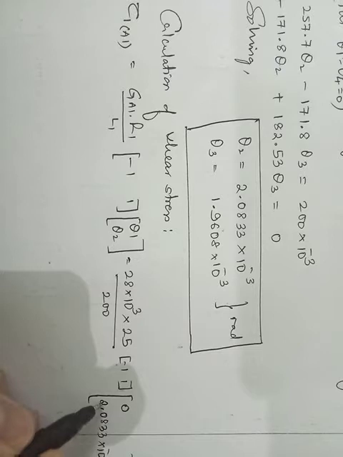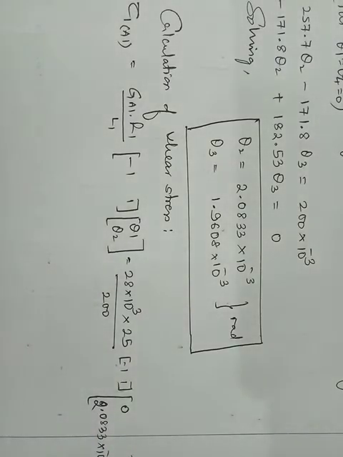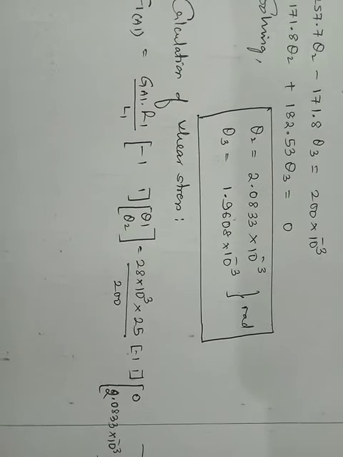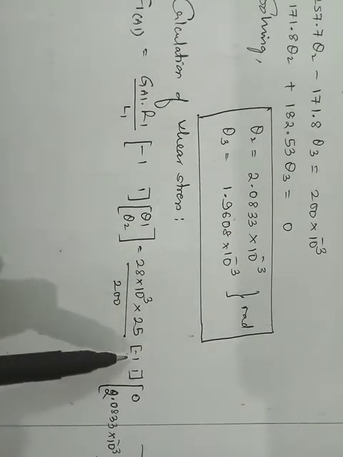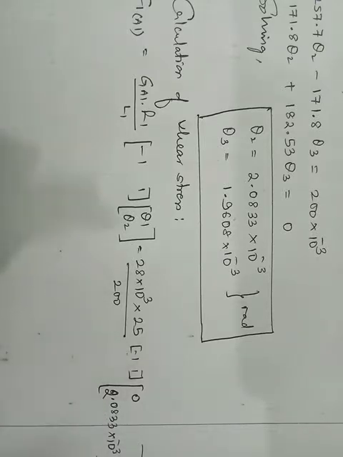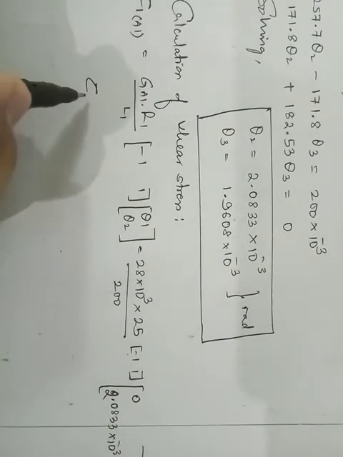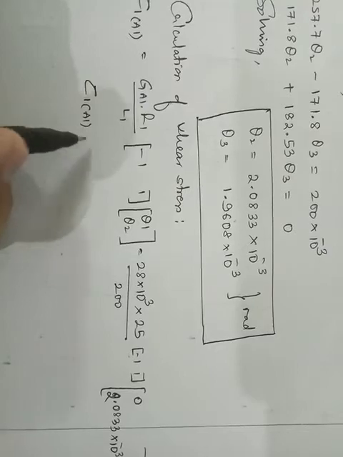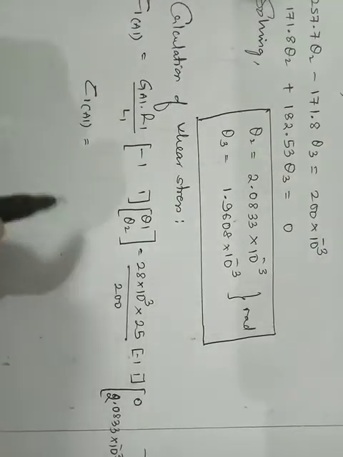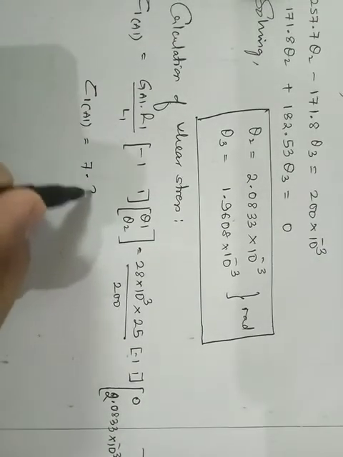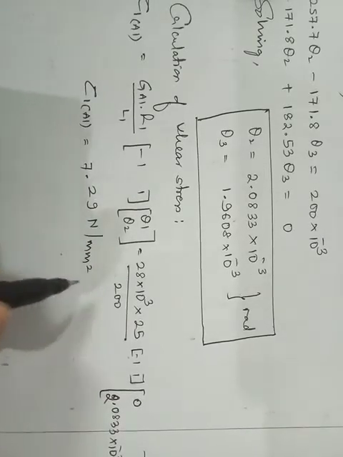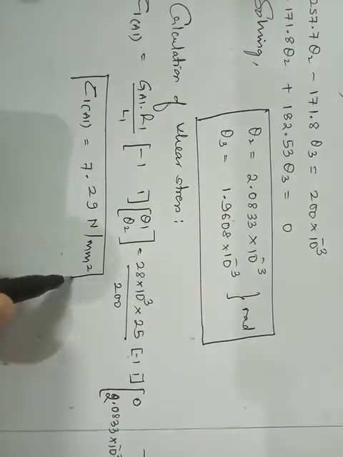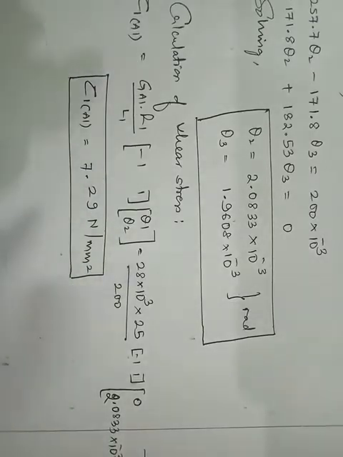If you resolve this, multiplying with this matrix, I'll be getting the value of tau 1, which is made up of aluminium, as 7.29 Newton per mm square. So that is the stress in the first element.